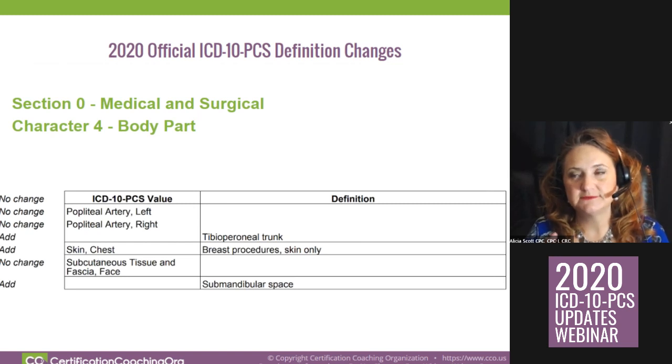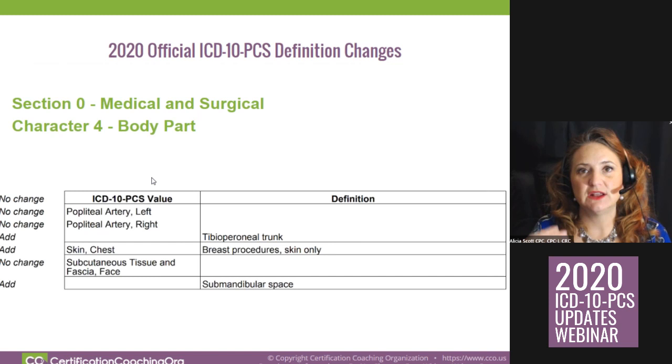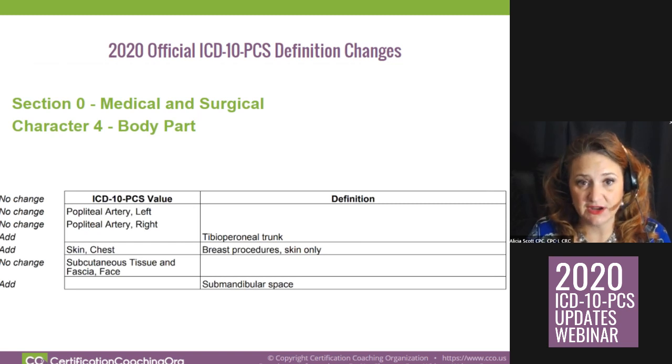Now, with new coders, a lot of times when they look for procedures on the breast, for some reason, they start thinking that it's genitourinary, but the breast is classified under skin and not genitourinary. They think of it as part of the female reproductive system, and it's not. It's considered skin. So breast procedures, skin only, has been added.